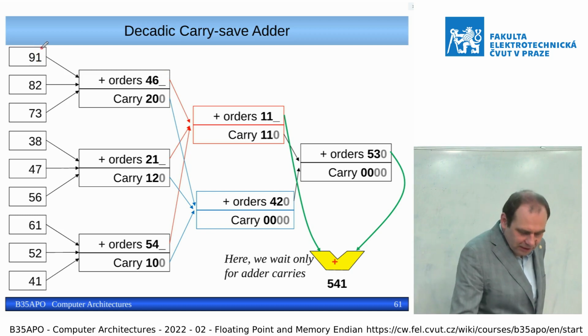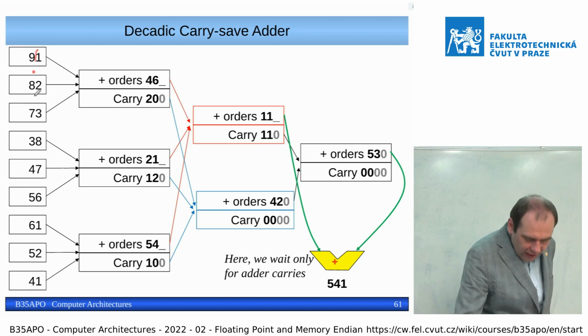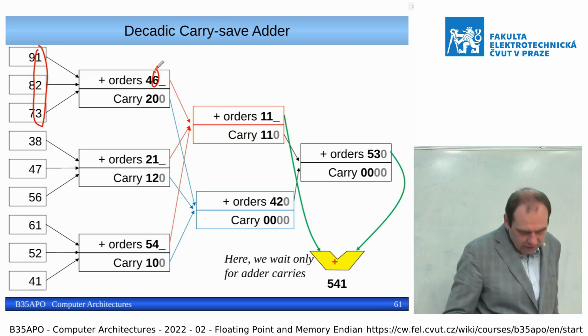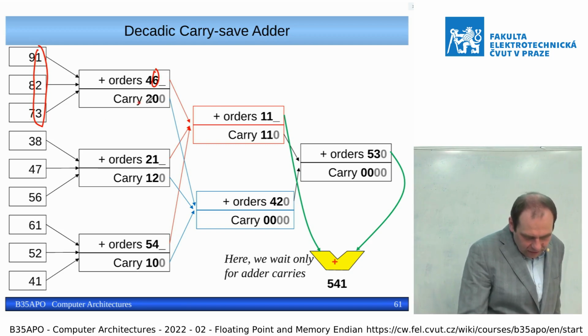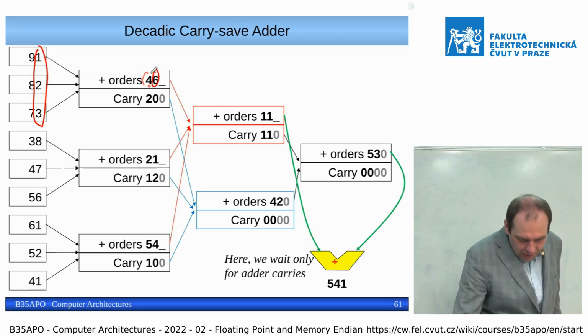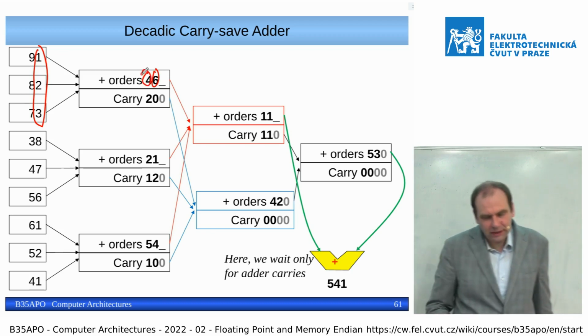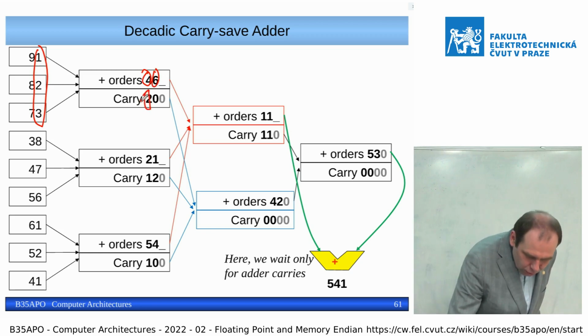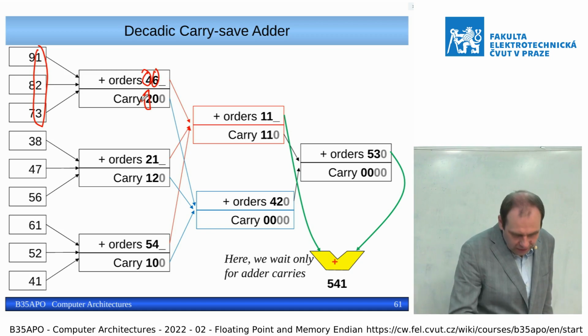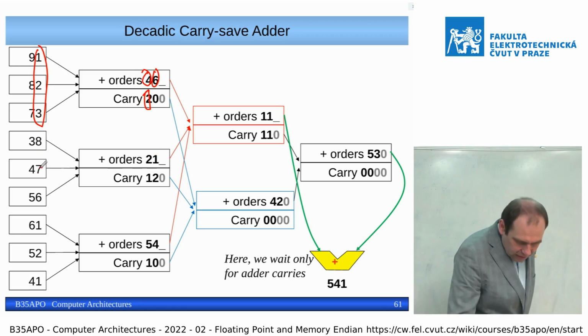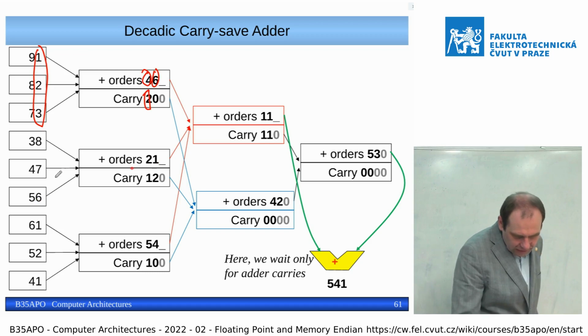So in the decimal system, we add, for example, 3 values: 1, 2, 3, and the result is 6. Then we add 9, 8, 7, and the result of this should be 24. But we put only a 4 to the result, and put a 2 into the carry part.